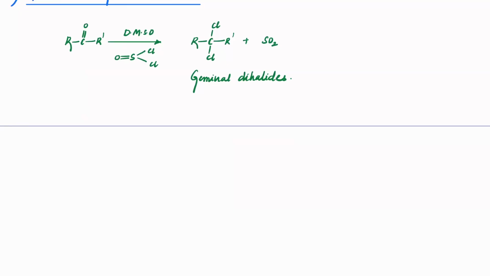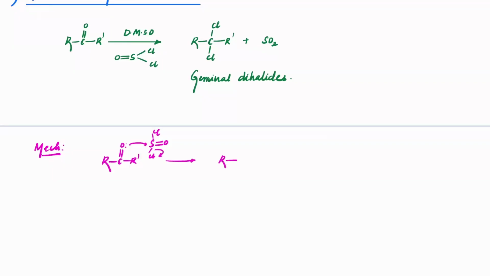Mechanism is not so important here, but I'll just give you a glimpse of it. How does it happen? Take R, C, double bond O, R dash. It will attack this sulfur here, pushing the chlorine away.